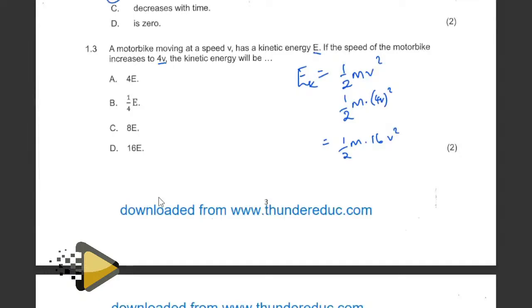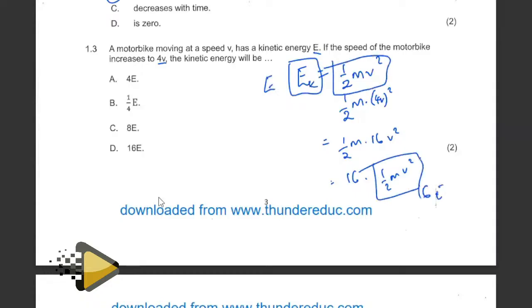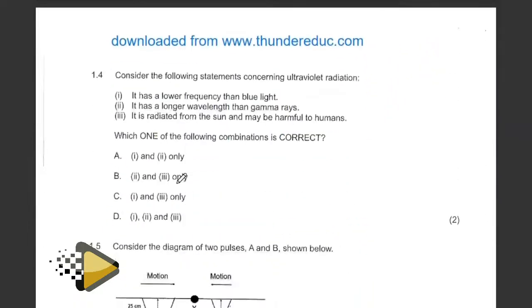Do we need to simplify further? Not really, because I'm seeing a 16 there, so it would be 16 multiplied by a half mv squared. So if E was a half mv squared, then our overall energy is going to be 16 times. That is 1.3, and the answer is 16E.